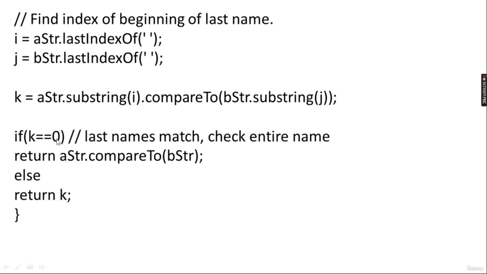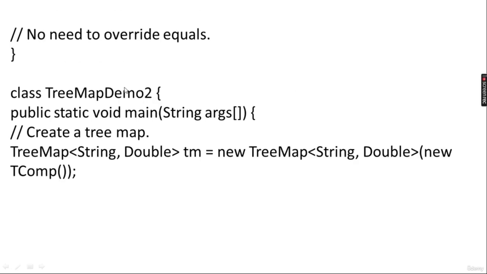If k is equal to 0, the last names match, so check the entire name: return a compareTo b. Else return k. So k will have a.substring(i) compared to b.substring(j).